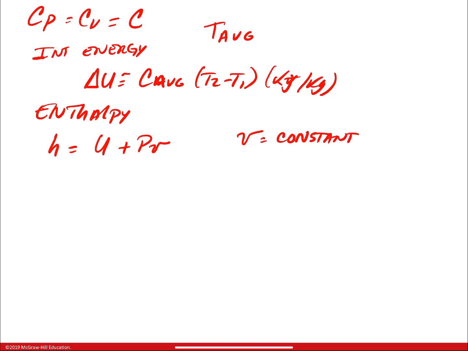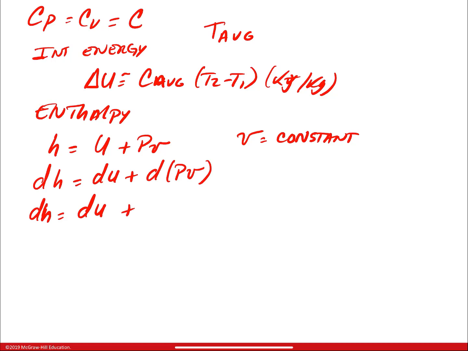If I put this in terms of derivatives, then I have dH equals dU plus the derivative of the product, which is no more than dH equals dU plus v dP plus P dv.